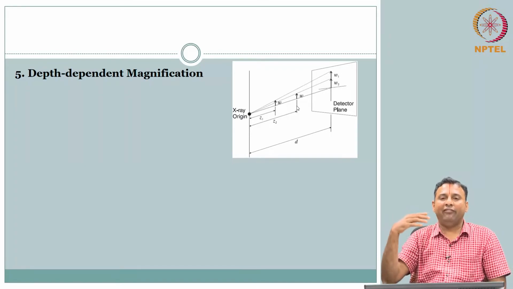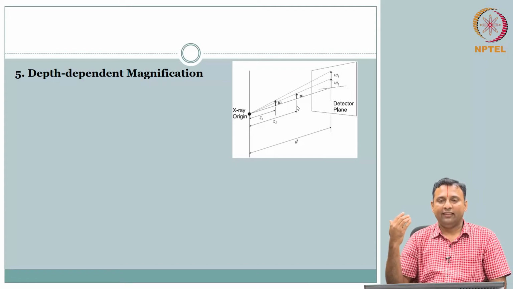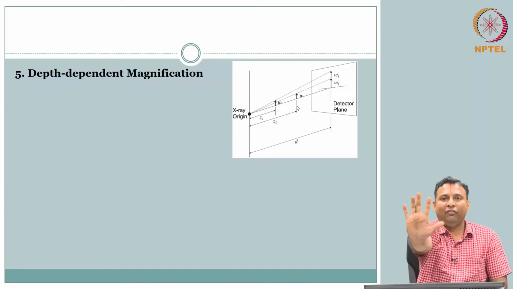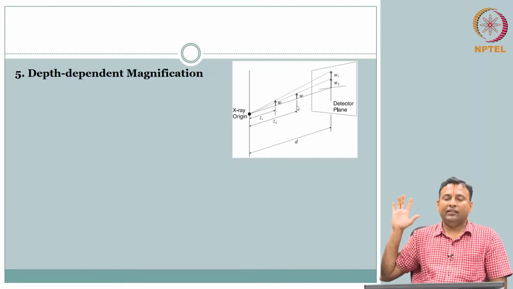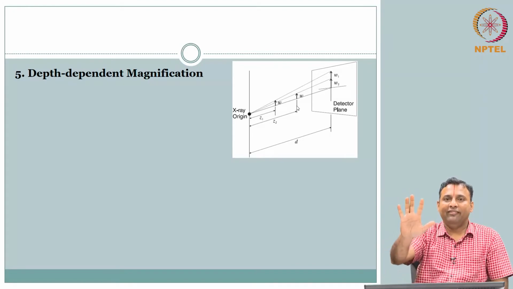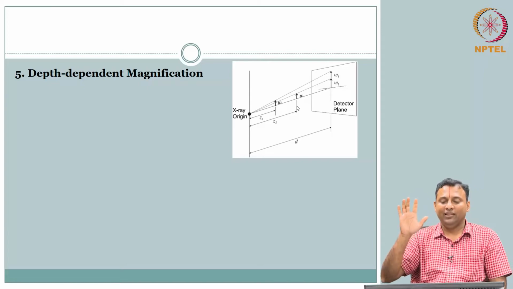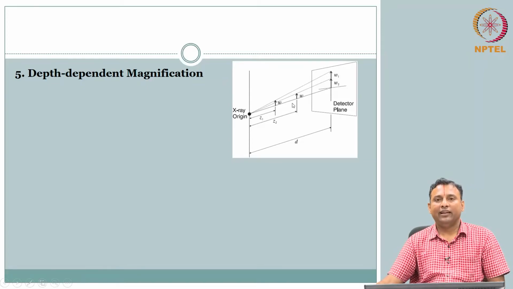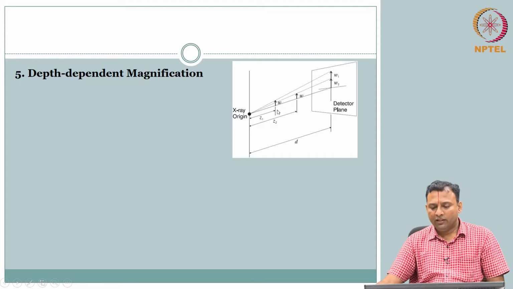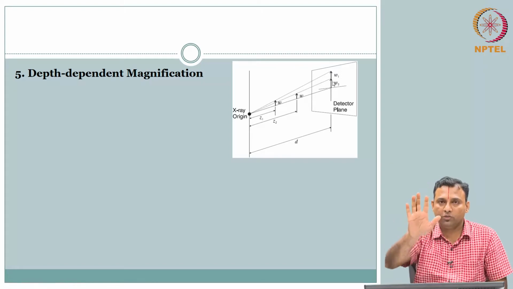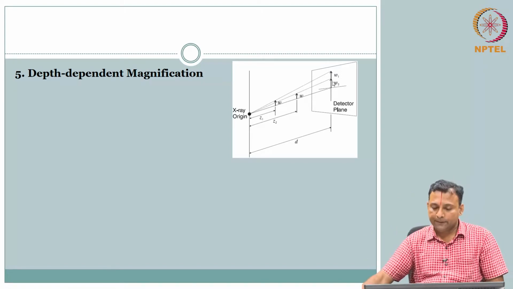If I don't have any other calibration factor to account for this magnification when I move front, then my object size depends on where it is presented between the source and the detector. Very intuitive. So if it is at Z1, you get W1. If I move to the Z2 location, I get W2. Move close to the source, away from the source.